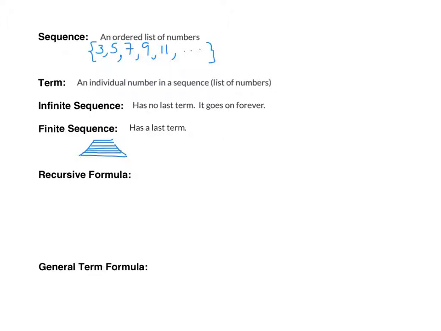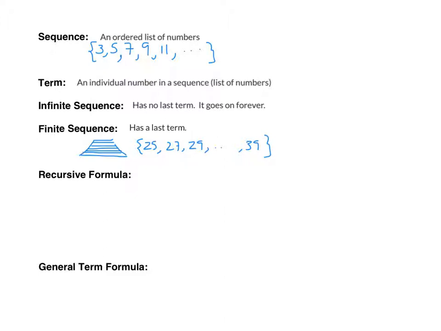So the seating in the theater, maybe there's 25 seats in the first row, and then the second row has 27 seats, and the third row maybe has 29 seats, and so on, up until you get to the last row, which maybe has, let's go with 39 seats, okay, small theater there. So that would be a finite sequence.